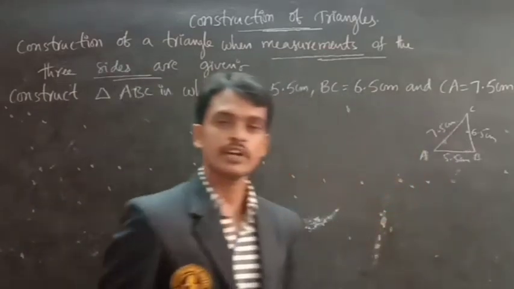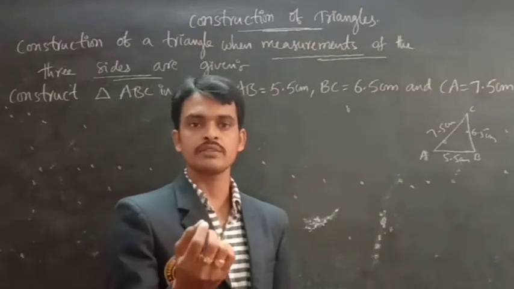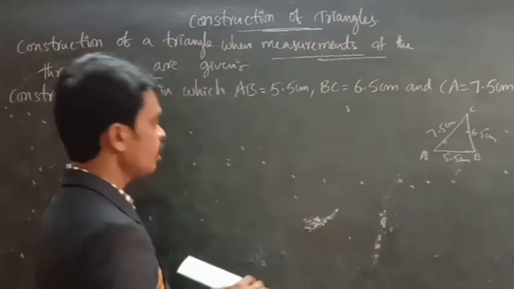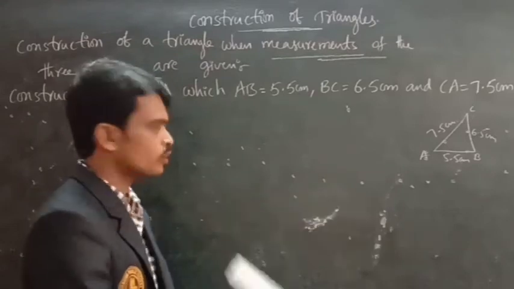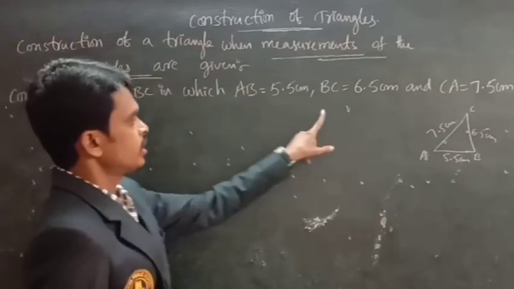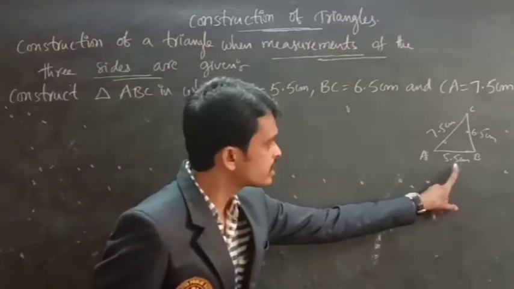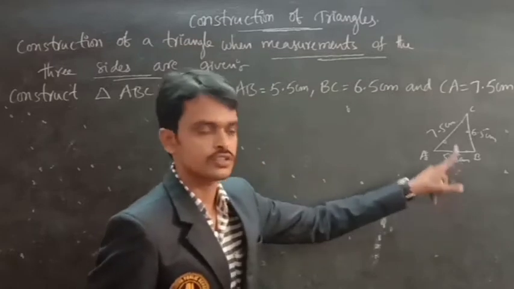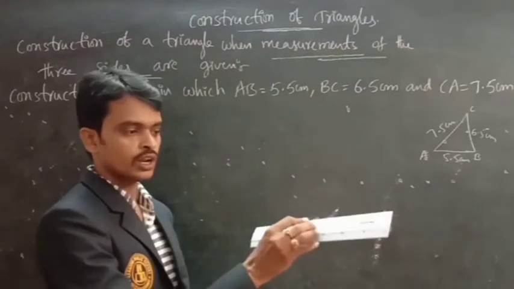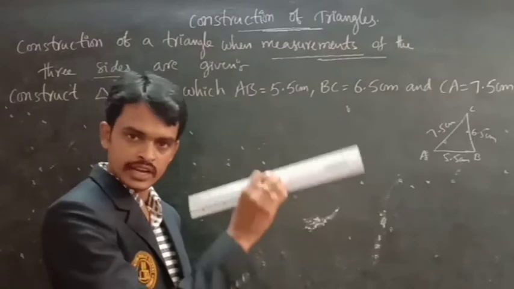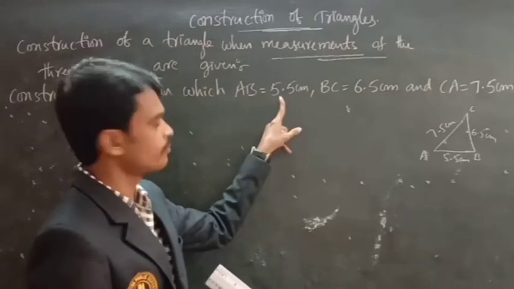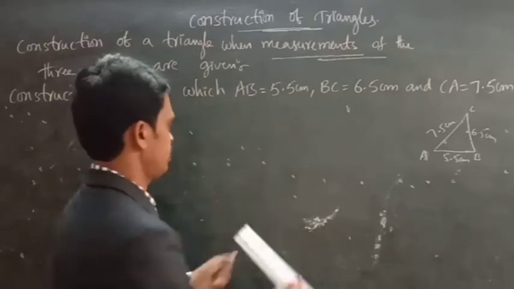Now we should draw a line segment using a ruler, the base of 5.5 centimeters. So using the ruler we draw a line segment of length 5.5 centimeters.